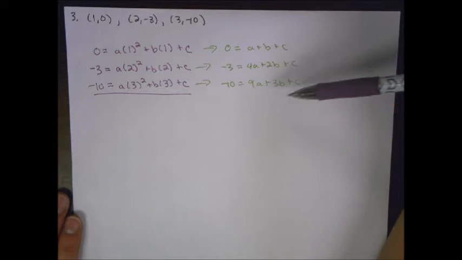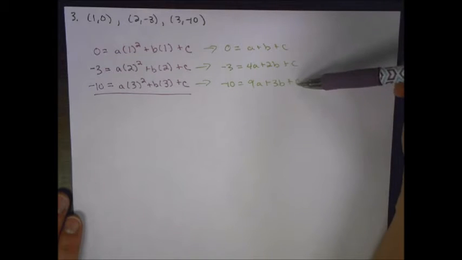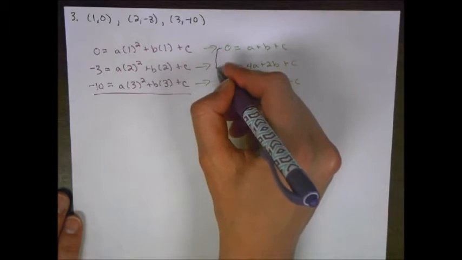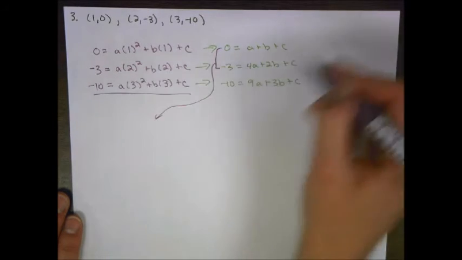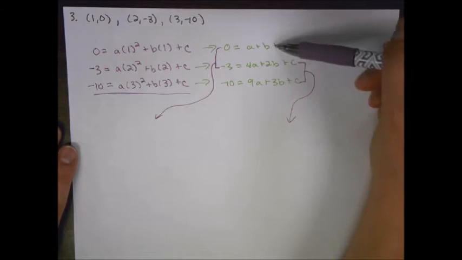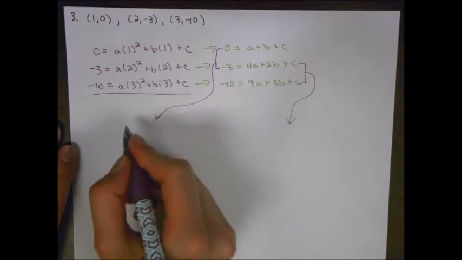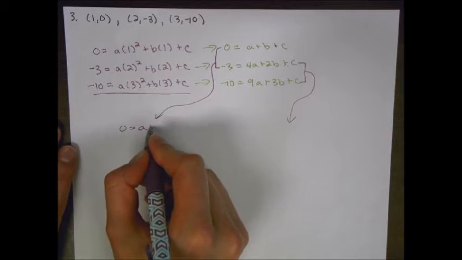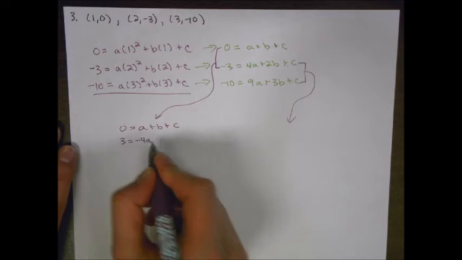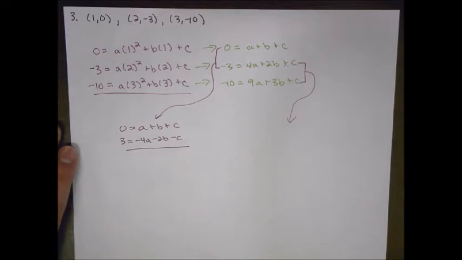As I'm looking, I need to make my choice of what letter I'm going to first eliminate. Looking at how I have just one C in all of them, I'm going to pick C. So I'm going to pick the first two and the last two again. Since they're both plus for the first two, I'm going to change the bottom one to flip the signs. So I'm going to get a positive 3, negative 4a, negative 2b, negative c.